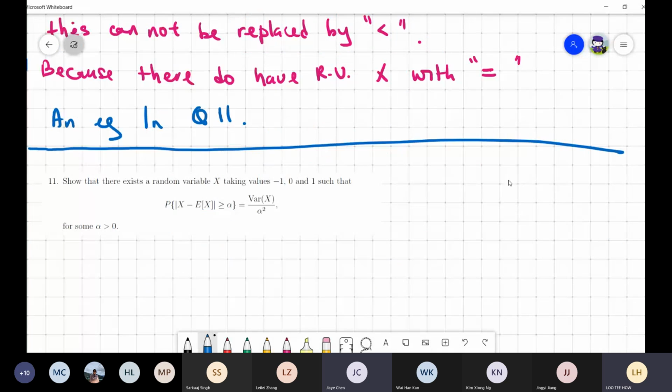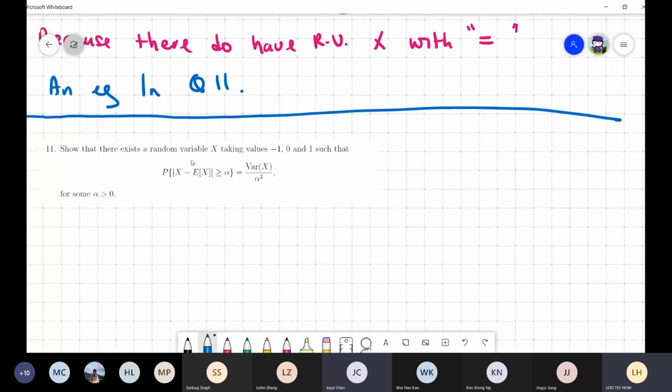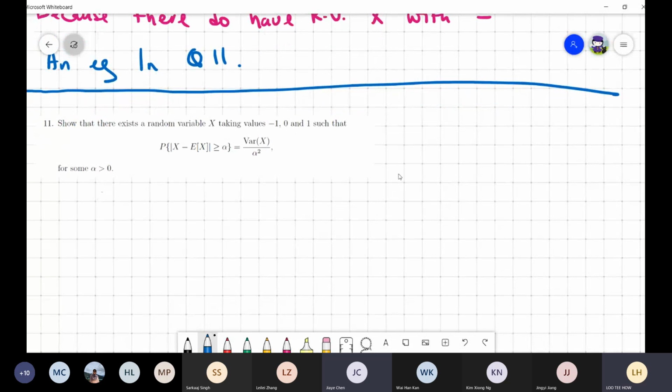So question 11 is one of the examples. I thought this is quite straightforward once the answer is given. Anyway, let's look at the solution. I just briefly go through the solutions.